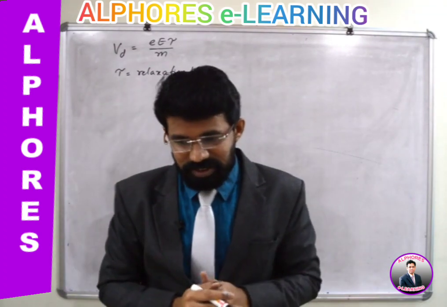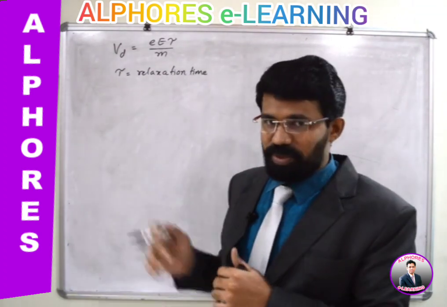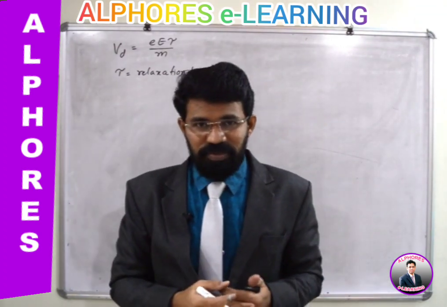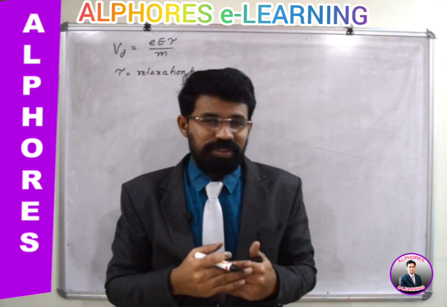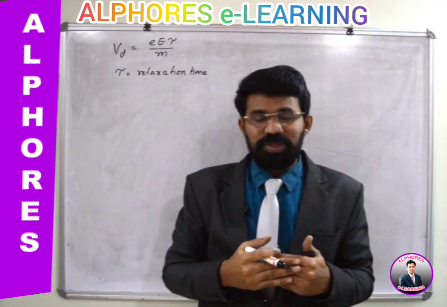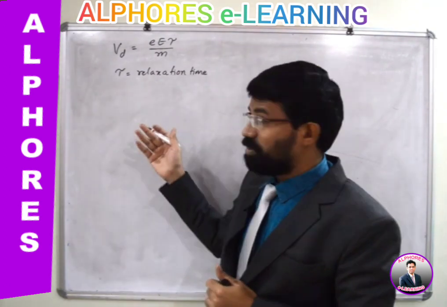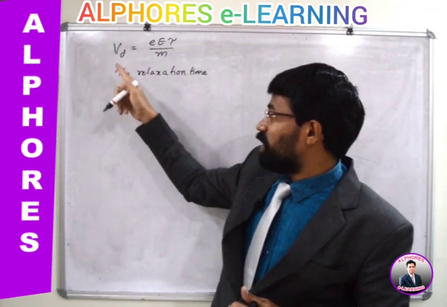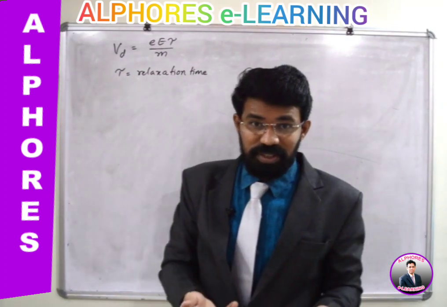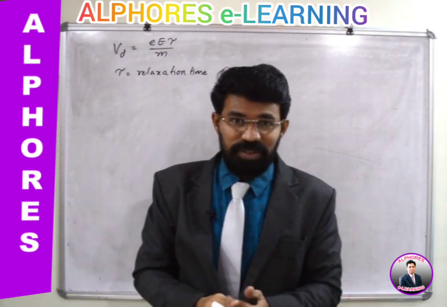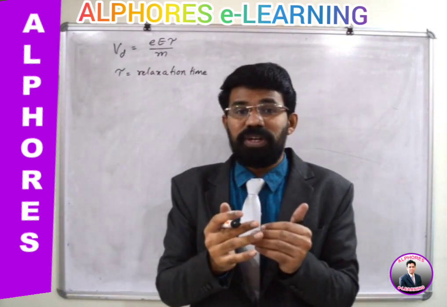If you remember, in kinetic theory of gases in first year, you were already told about mean free path. Mean free path is the average distance traveled by the particle between two consecutive collisions. Here Vd is an average value, tau is an average value, and mean free path is also an average value, isn't it? Why do we go for averages?